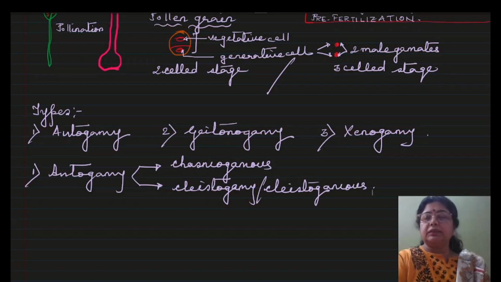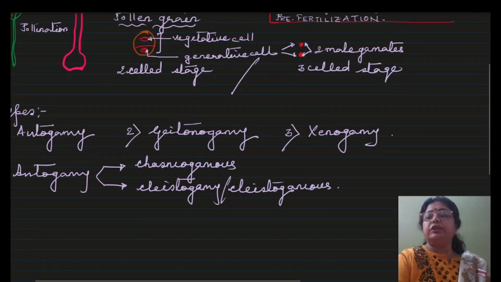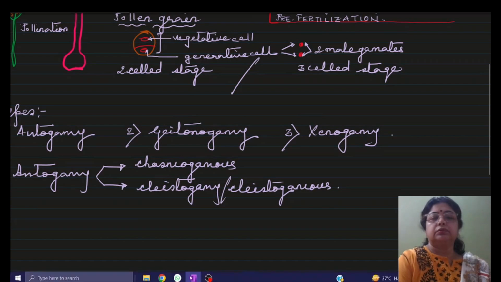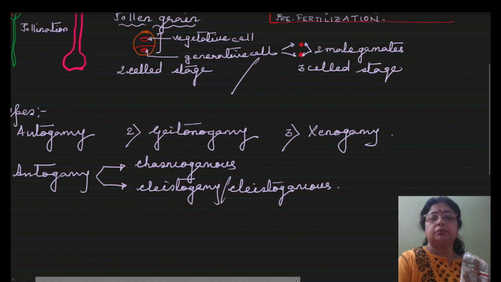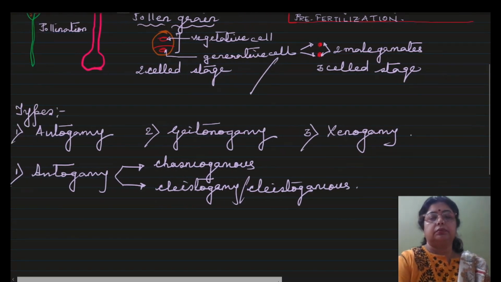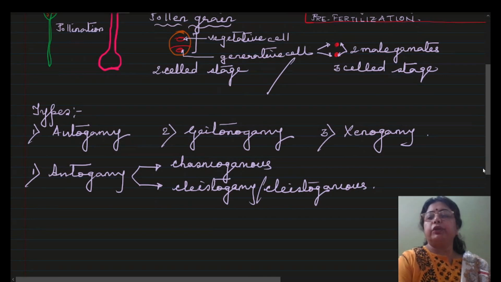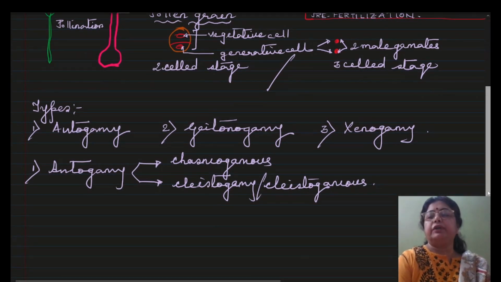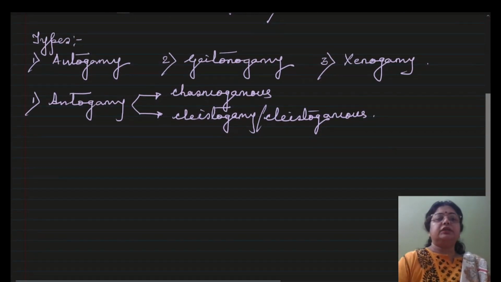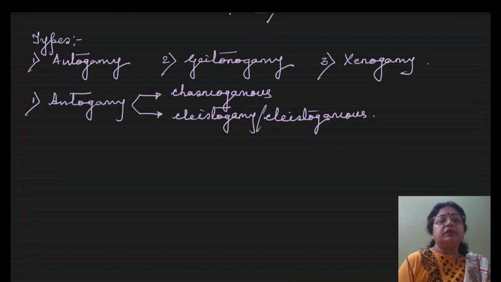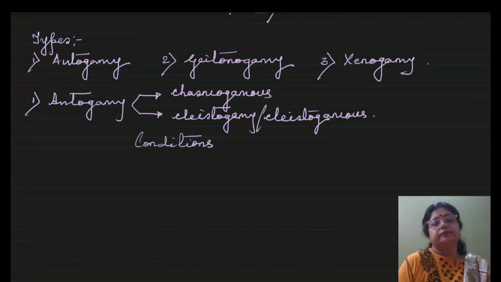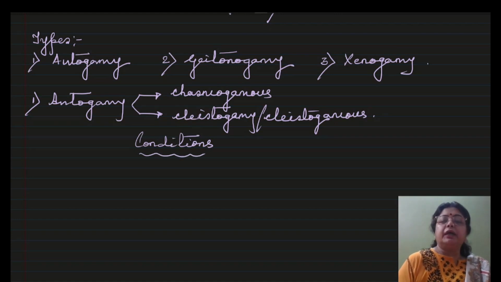As the pollination is occurring in the same flower of the same plant, it needs some factors. So what are the conditions for autogamy? When can autogamy occur? First condition: bisexual flower.